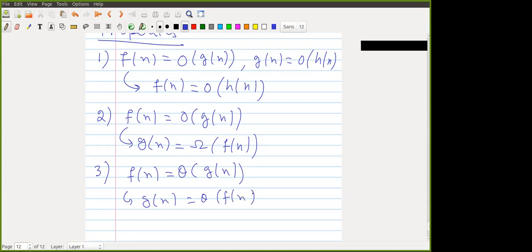And there are also several other things. You can read the CLRS book. There are these big O things and little o. There are some other relations I don't exactly recall now, but these proofs are very easy. You just have to explore it a bit more.